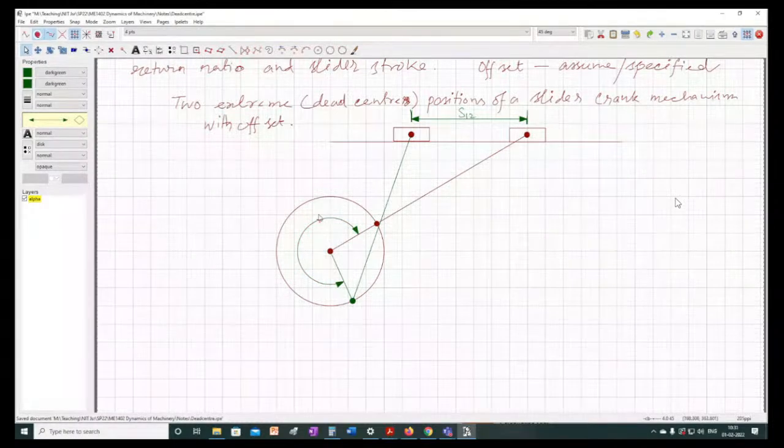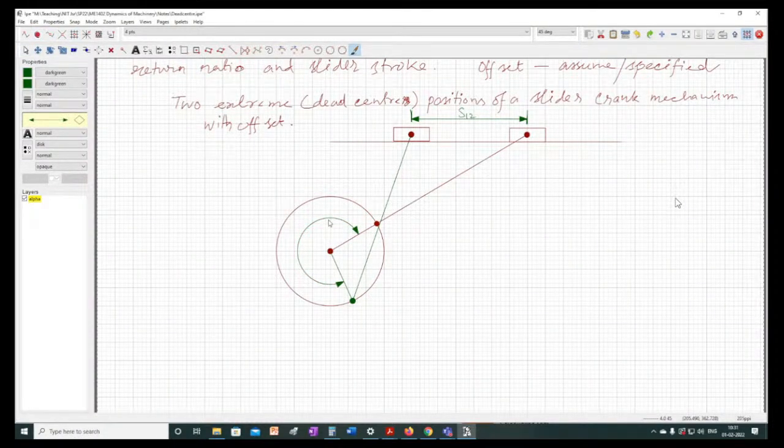So this angle, suppose this angle is theta 12, that means when the crank is rotated from this point to this point, this has the backward motion, and the forward motion is from this point to this point.